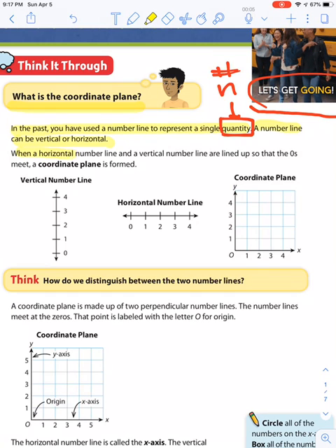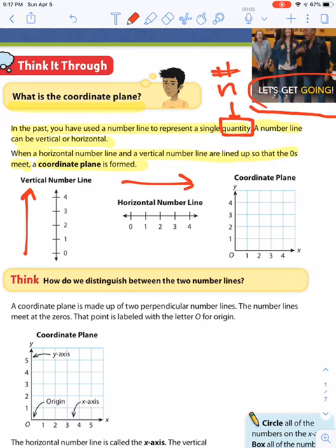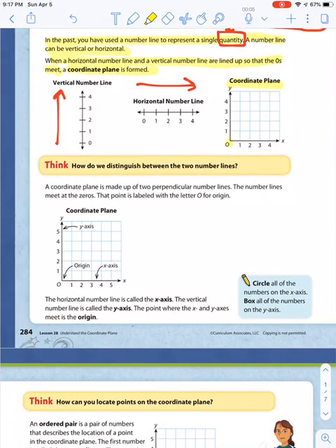When a horizontal number line and a vertical number line are lined up so that the zeros meet, a coordinate plane is formed. So again, vertical means to go up and down, horizontal means to go side to side, and when those two meet at the, you guessed it, the OG, our origin, that's how we can finally call this a coordinate plane.